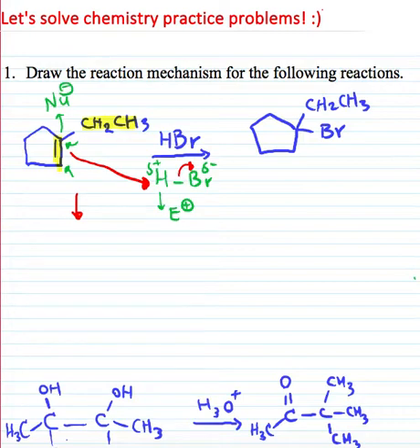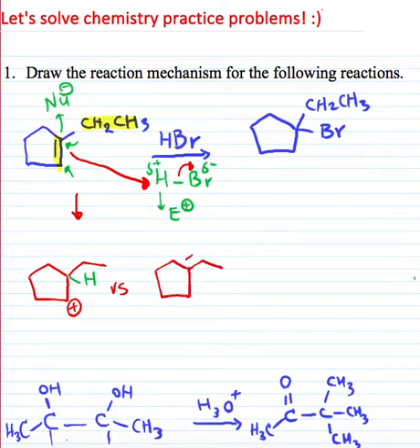So let's draw the two intermediates. And this could be here, which means we're going to have a positive charge right here, or hydrogen can be right here.